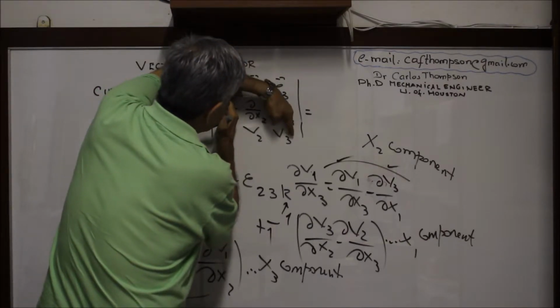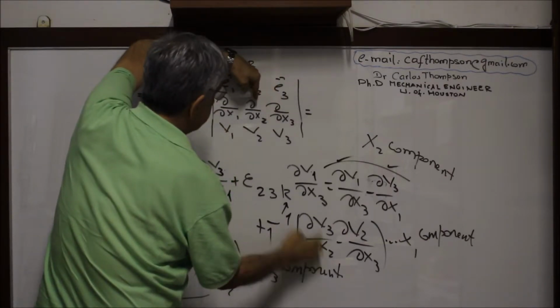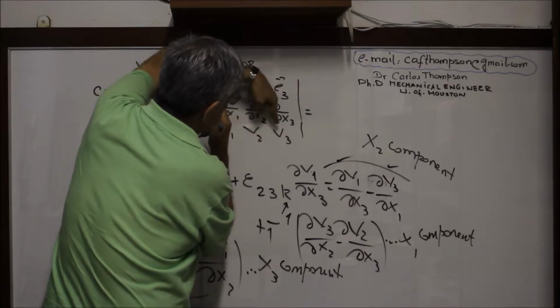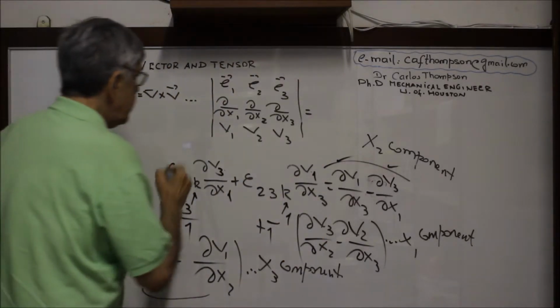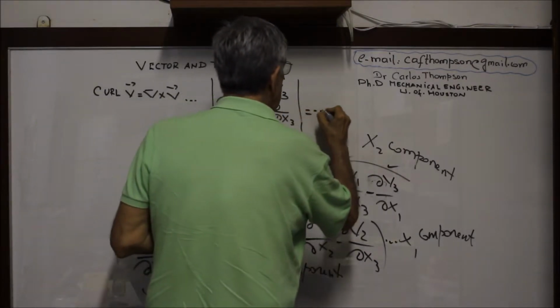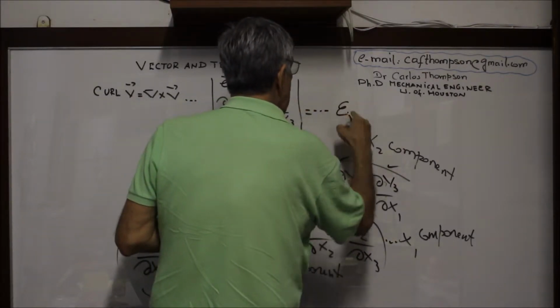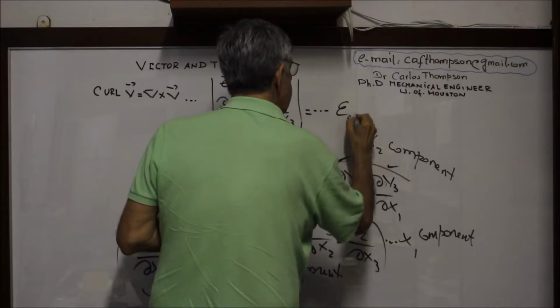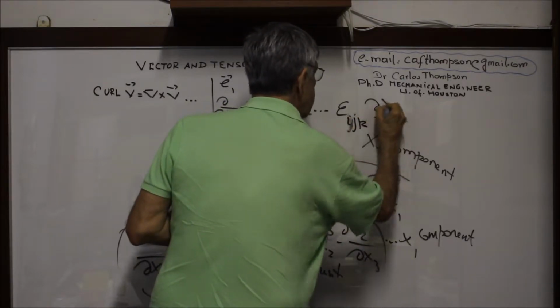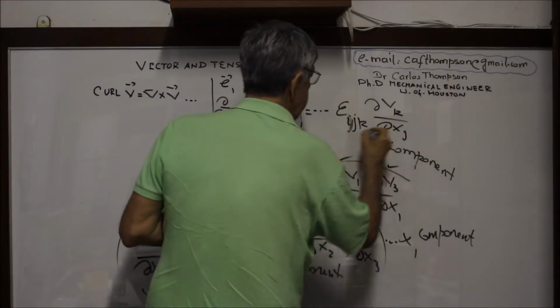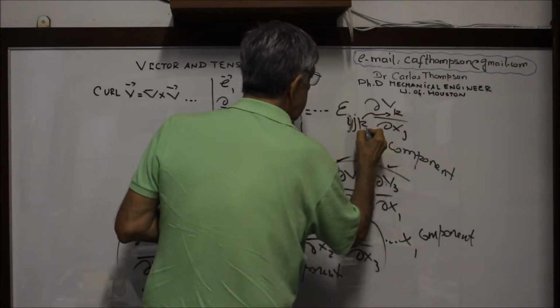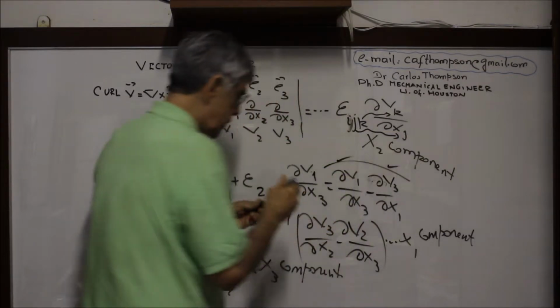So partial v3 with respect to x2 is here, minus partial v2 with respect to x3. We got a check. So using this epsilon ijk, don't forget this partial of vk with respect to xj. This k goes there and j goes here.